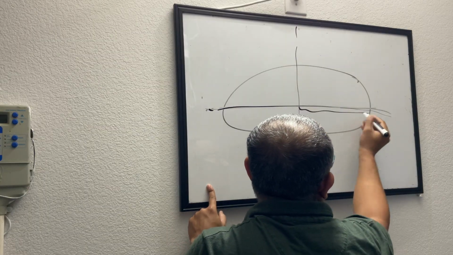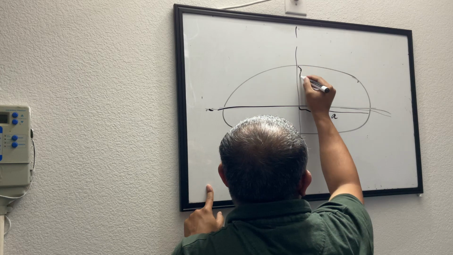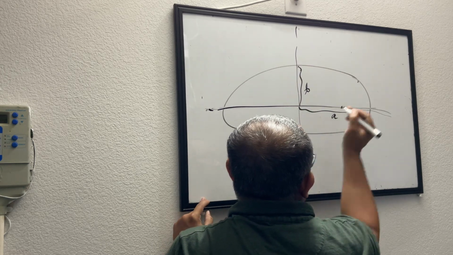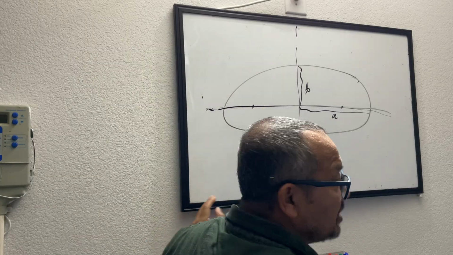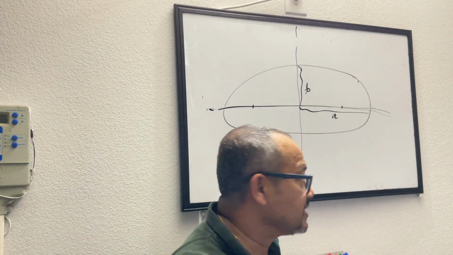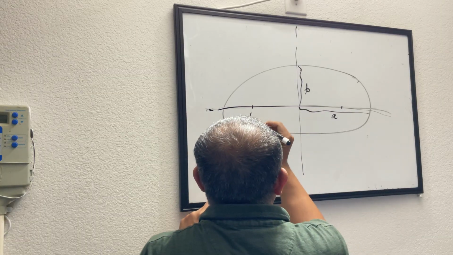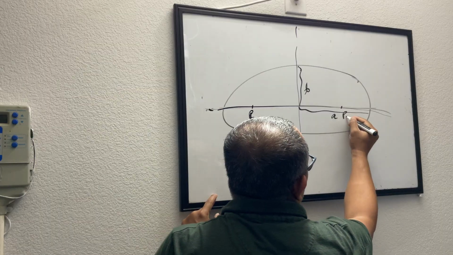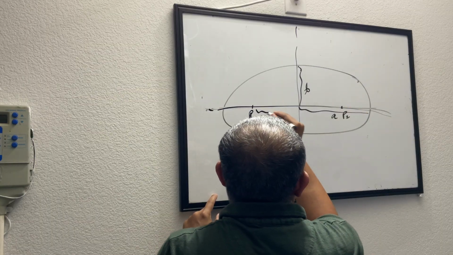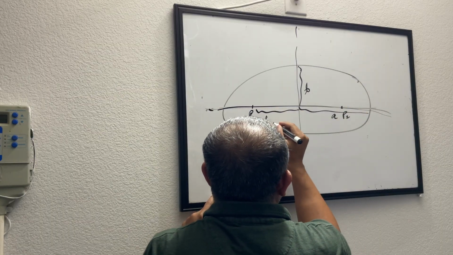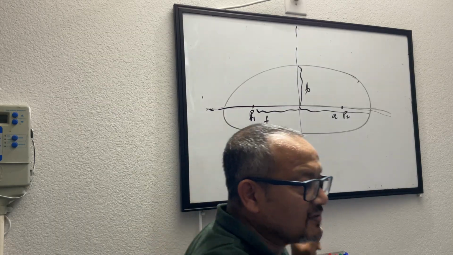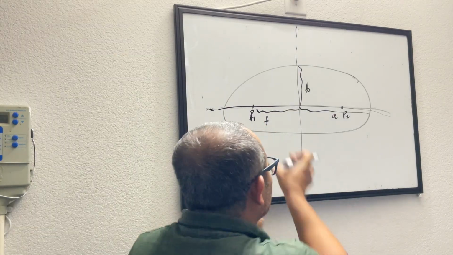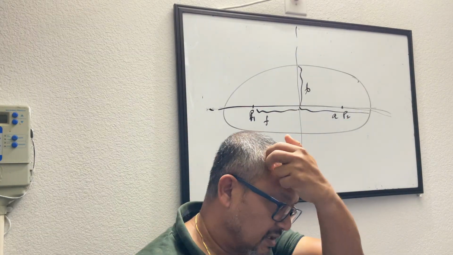Meaning here to here is my major radius A, here to here is my minor radius B. And as we saw, there are 2 points called focus points or foci, let's say this is point P1 and this is point P2. This length I will call the focal length, F, meaning the distance from the origin to the focus point, and this distance will be the same. Up to this much is okay?